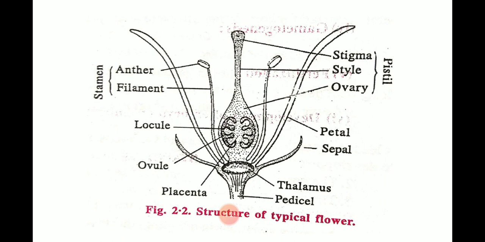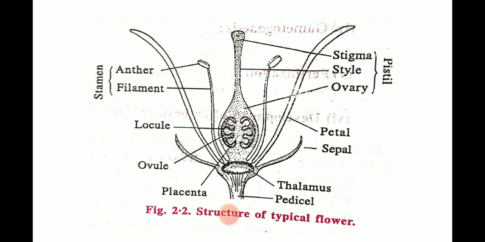That is, they just help in protecting the major organs. The two most important and major organs of the flower are stamen and pistil. Stamen comprises an anther and a filament. The pistil comprises ovary, stigma, and style, or we can say in sequence, stigma, style, and ovary.